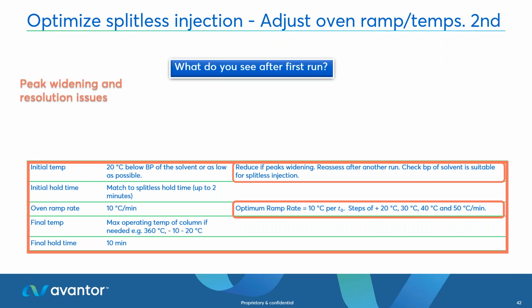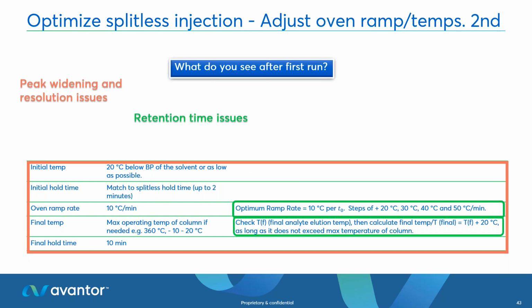Because if we start increasing the temperature too quickly, then we're going to lose the benefit of a splitless injection. If you're seeing peak widening and resolution issues, again, have a look at that initial temperature, make sure it's low enough. Reassess to make sure that the solvent is suitable for a splitless injection. And then again, double check the oven ramp rate and adjust this as needed.